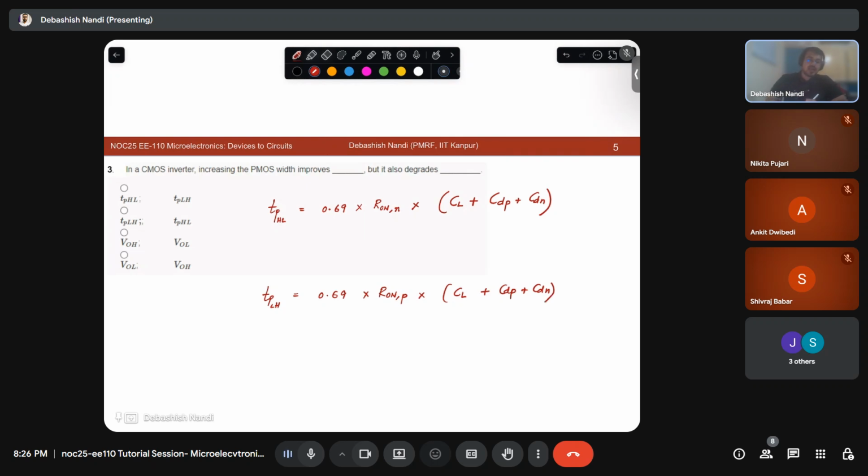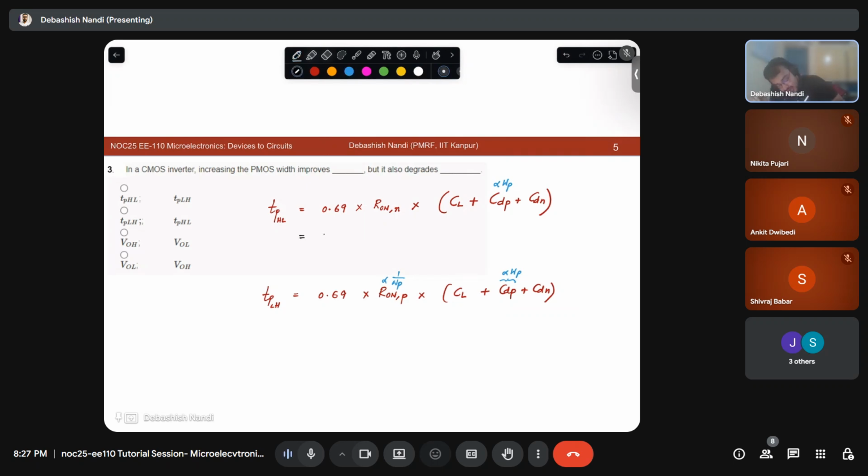Okay, so what I'll do is club terms. Basically, this is changing with W, so this is changing with WP. So we'll club all the terms dependent on WP in one term and whatever is not dependent on WP in the second term.